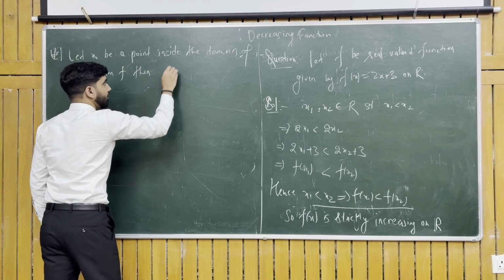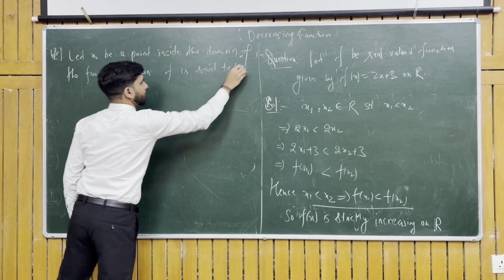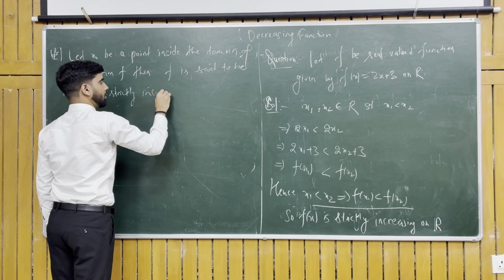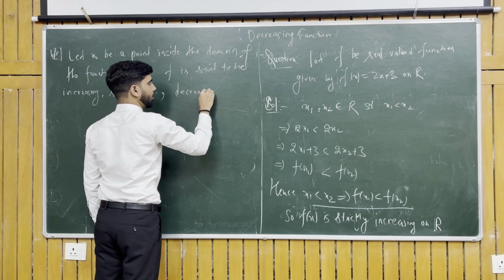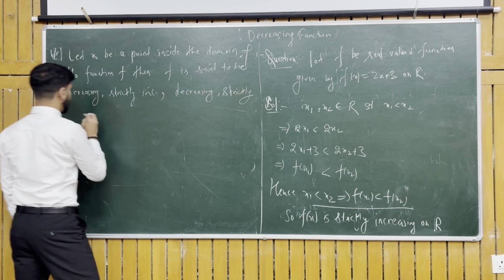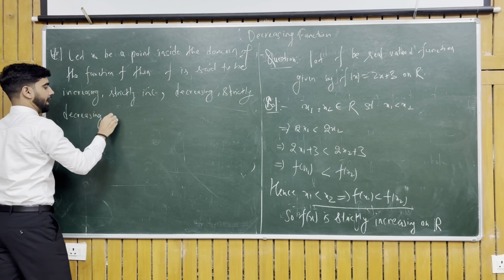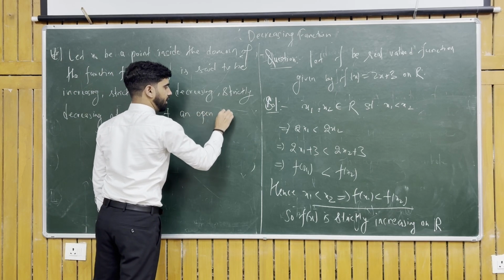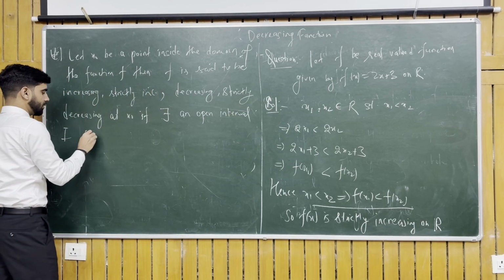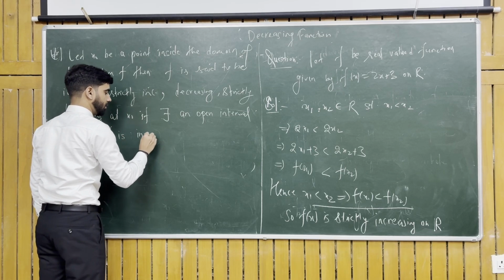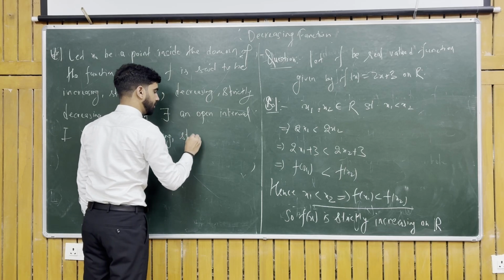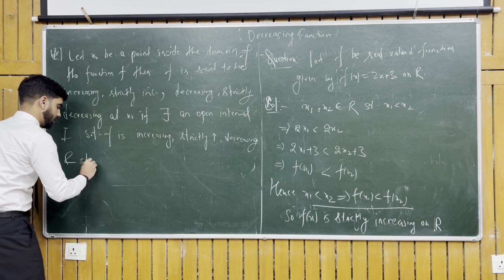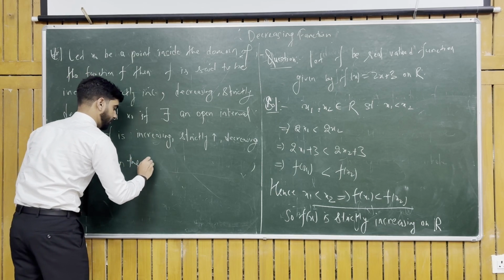Then f is said to be increasing, strictly increasing, decreasing, strictly decreasing at x naught if there exists, this is the symbol of there exists, an open interval I such that f is increasing, strictly increasing, decreasing and strictly decreasing on the interval I.